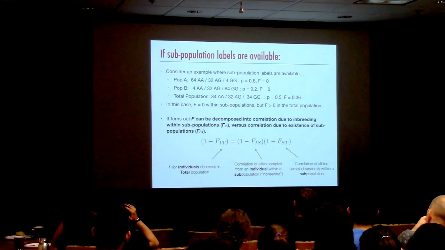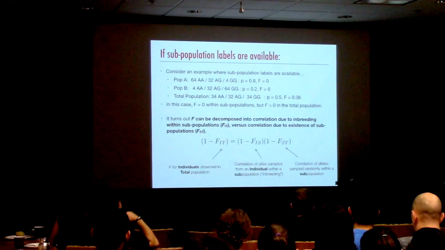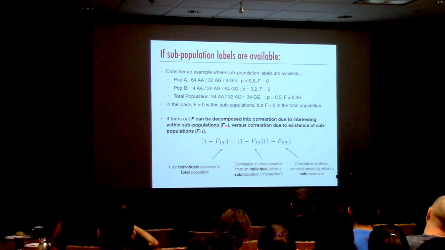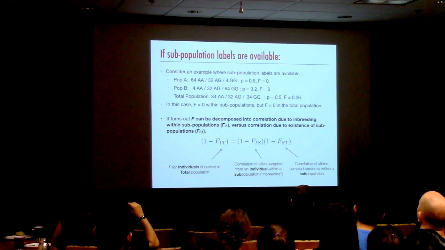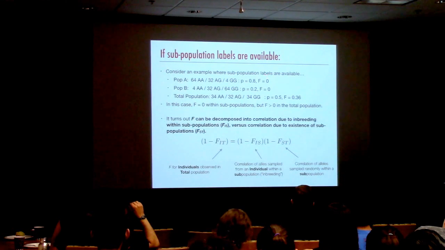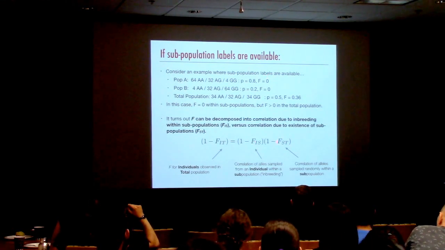So we can break up the overall F, which in this more general framework is called FIT, into a component that's due to the inbreeding within subpopulations, FIS, which here is 0, and the contribution that's due to the existence of subpopulations, FST. In this scenario, all we have is a contribution from FST. FIS is 0, so the overall F is really driven by FST.